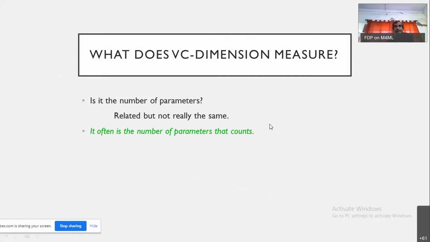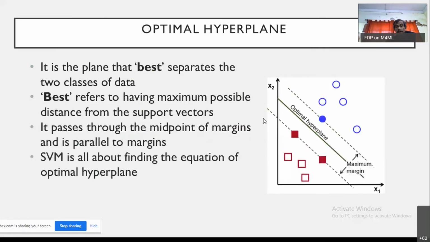And this M is actually not the number of parameters. These are nothing but the number of parameters which actually affect the system. That's for engineers: how many parameters actually affect? So that's the case.